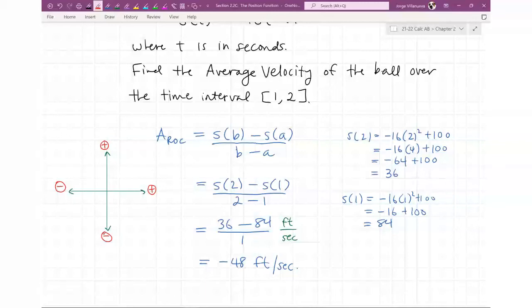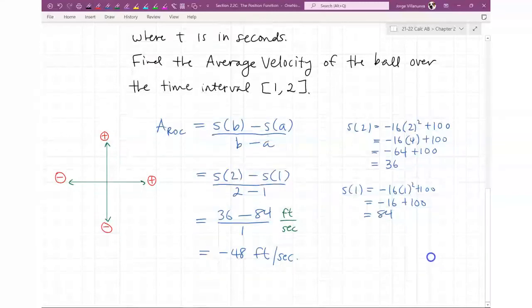But I could have also written 48 feet per second down. And now it's a positive answer, right, numerically, but I gave it a direction, down, right? So I guess it is right. Velocity doesn't ever have to be written as a negative number, but you better give direction if that's what you're going to do. Okay, you got to tell us which way it's going. North, south, east, west, 45 degrees. Like, give me something.